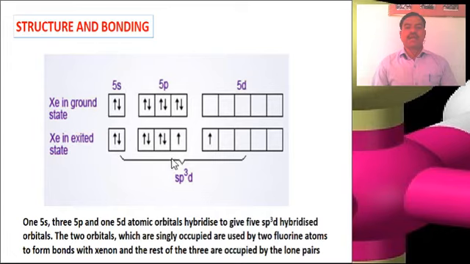Hence the hybridization of xenon in the excited state is sp3d: one 5s, three 5p and one 5d atomic orbital hybridize to give five sp3d hybridized orbitals. The two singly occupied orbitals are used by two fluorine atoms to form bonds with xenon, and the rest of the three are occupied by lone pairs.